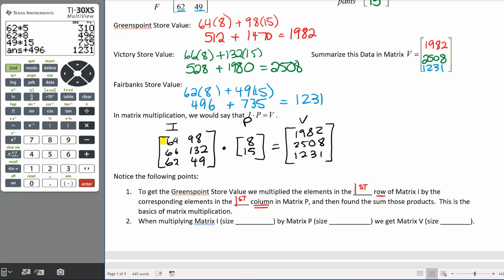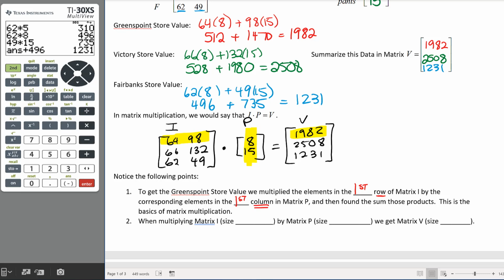So I took the first row of matrix I and the first column of matrix P. I multiplied each of those corresponding values, and then I added their sum, and that's what got me the first row of my V resulting matrix. So that's just some of the fundamentals of matrix multiplication.